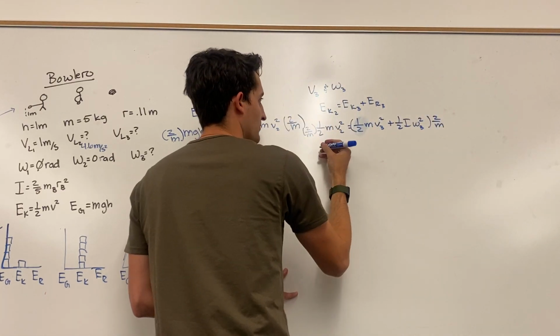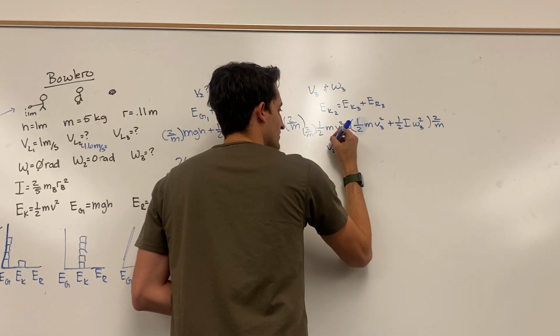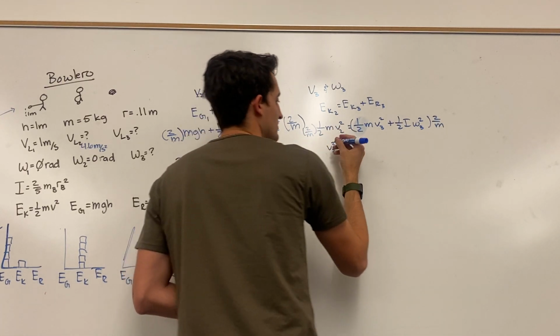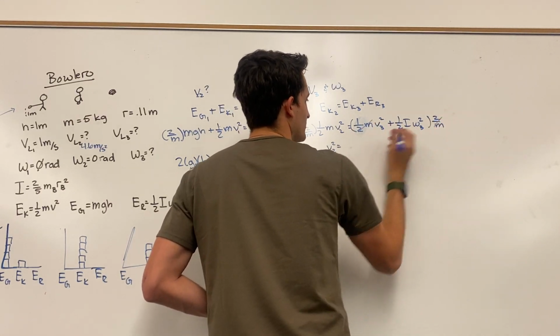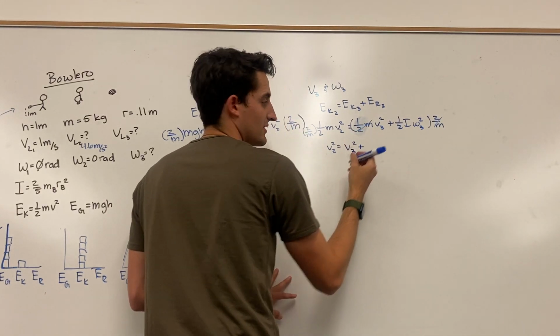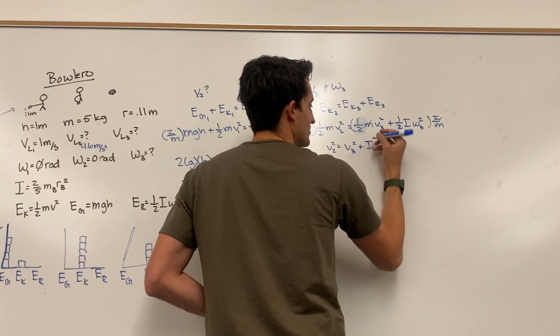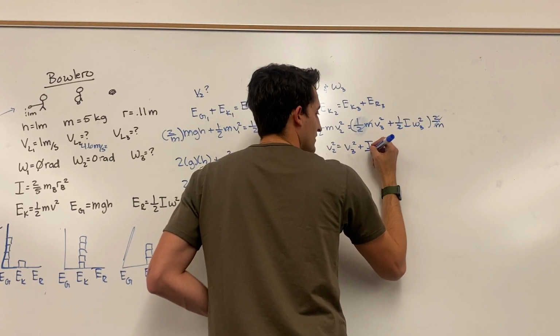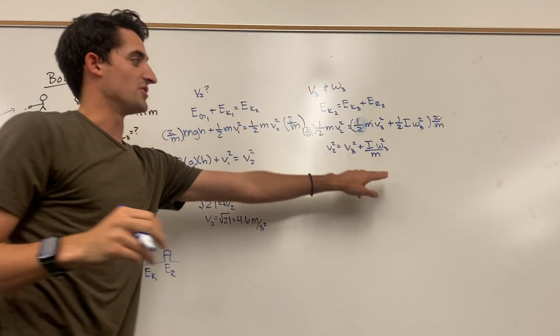So we have V2, so linear velocity 2 squared, is equal to, we can cancel this one out as well, V3 squared plus, okay, we already have that, cancel that out, so on and so forth, I over mass. So this is what we have so far.